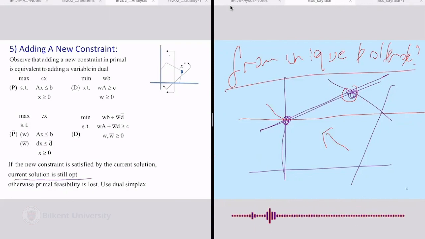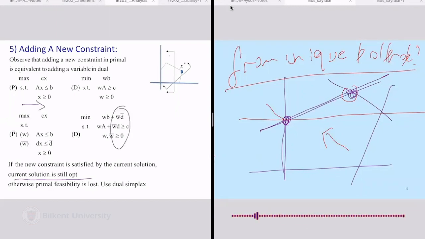So again, if it remains feasible, it will remain optimal. If not, that means I lose primal feasibility. That means I have to use dual simplex because I didn't change the dual feasibility. C_B B inverse is still intact, right? Adding a new constraint to the primal means adding a new variable to the dual.